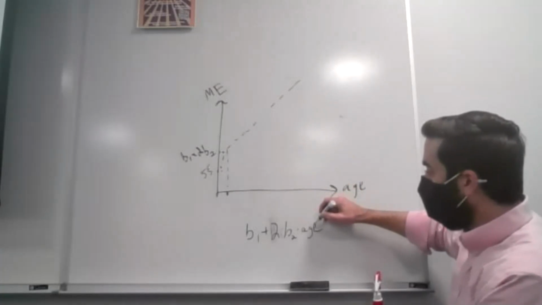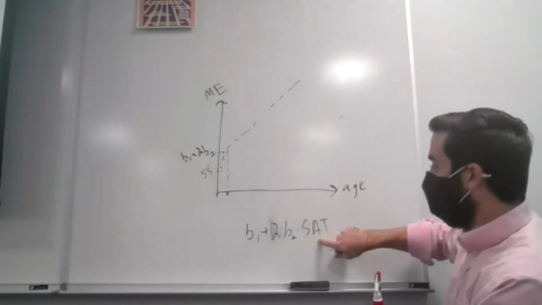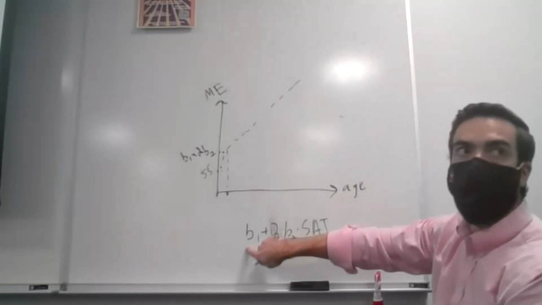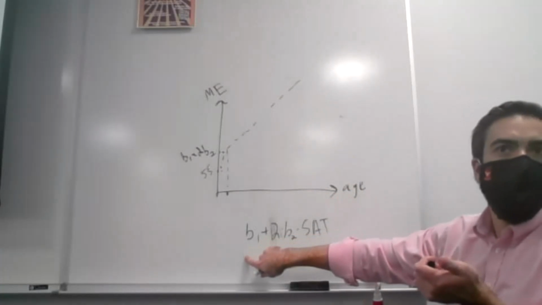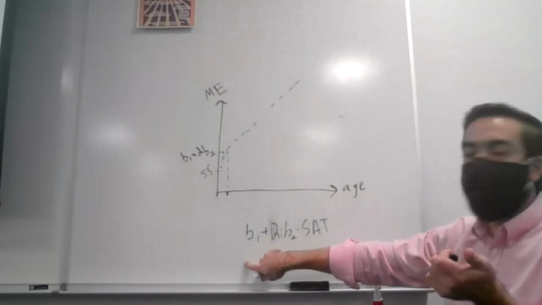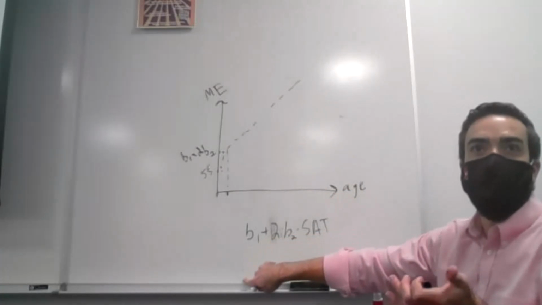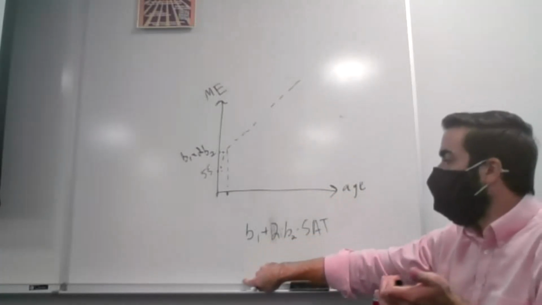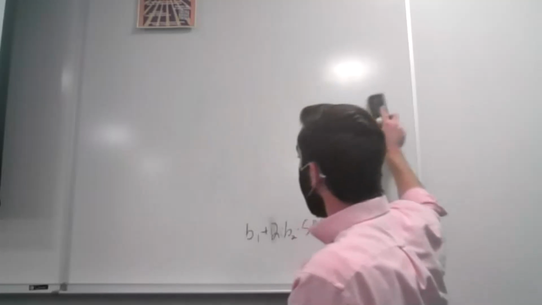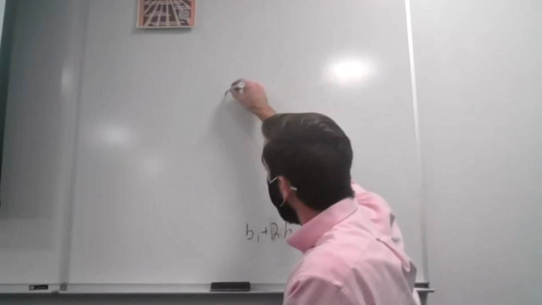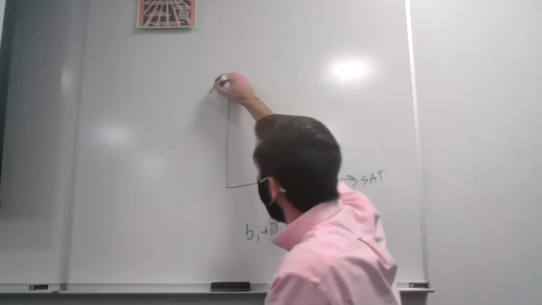At very low SAT scores, like if I put a 0 in here, my coefficient on just the linear term was negative. Well, that's because no one you see as a freshman in college has a 0 SAT score, assuming that we have students that took it, right? So the lowest SAT scores that we even start seeing would be, so if we think about here, we want to map out the marginal effects.